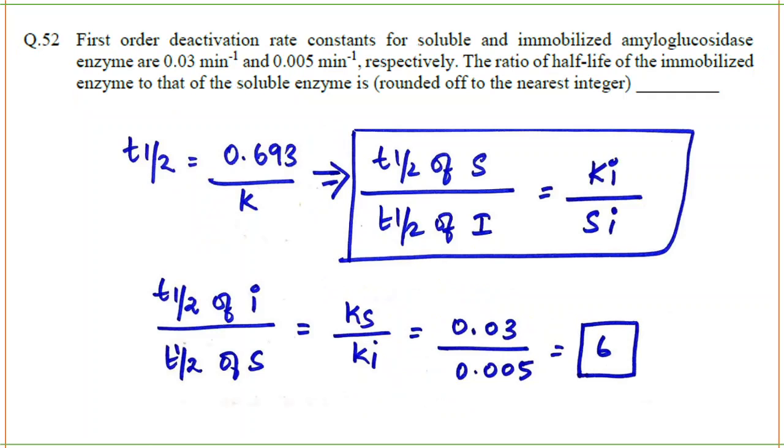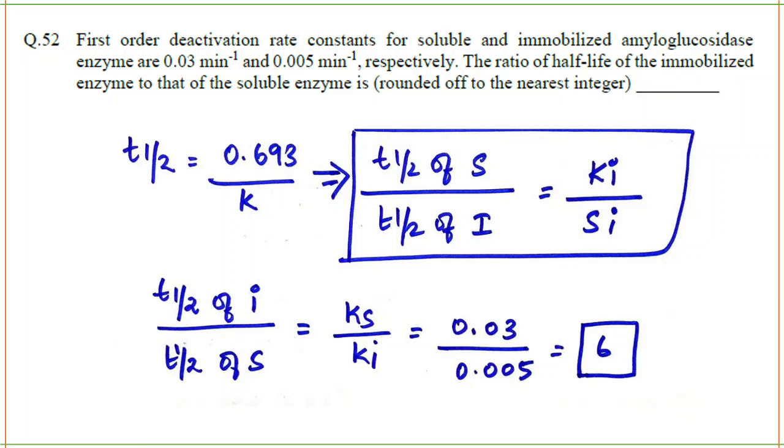Next question. First order deactivation rate constants for soluble and immobilized amyloglucosidase enzyme are 0.03 per minute and 0.05 per minute respectively. The ratio of half-life of the immobilized enzyme to that of the soluble enzyme is.